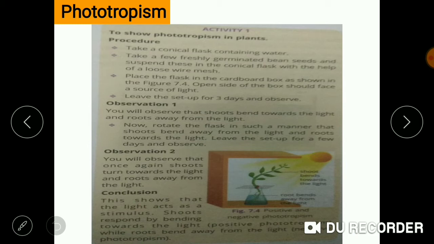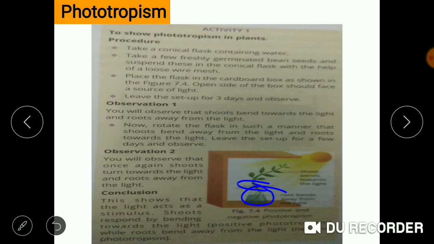So there's an activity to show the process of phototropism in plants, in which they have taken a conical flask containing the germinated bean seed, which is attached with the help of loose wire mesh.